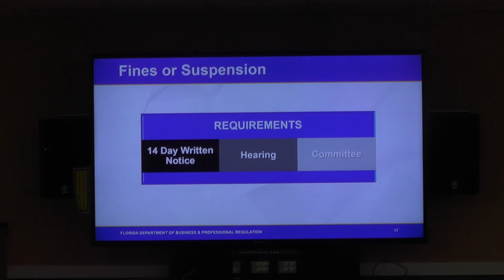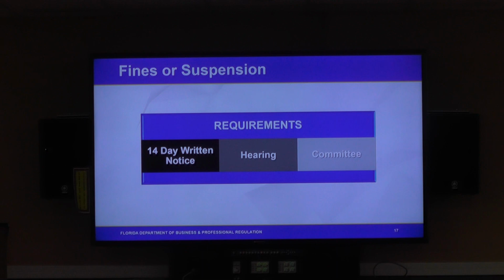Fine or suspension. An association has the power to levy reasonable fines and/or suspend the use of common area or facility due to failure of a unit owner, its occupant, licensee, or invitee to comply with any provision of the declaration, the association bylaws, or the reasonable rules of the association, or if the owner is delinquent in any monetary obligation.